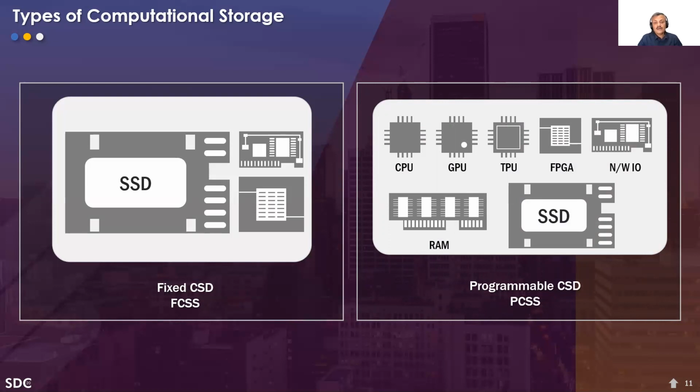There will be a network I/O. There is a sizable amount of RAM also present here. And we have an SSD. Typically, these SSDs could go from 1 TB to 2 TB or 3 TB. I mean, it depends.